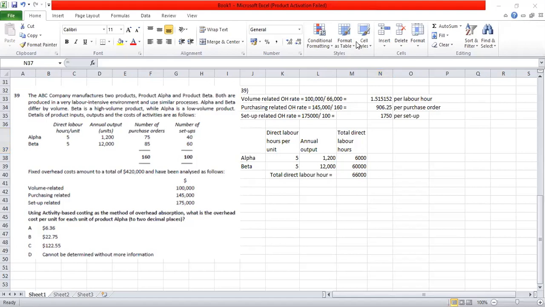Okay. Three items are there, so three costs have to be allocated.